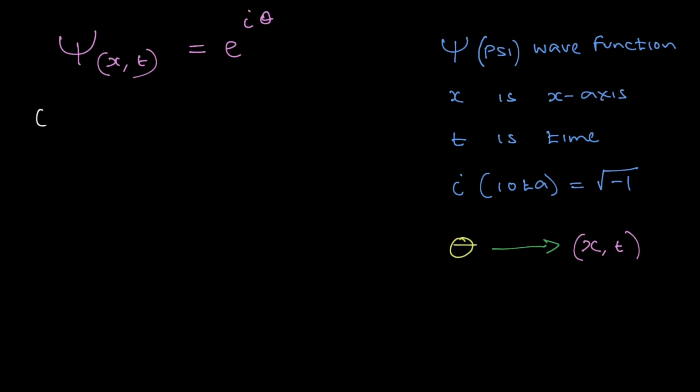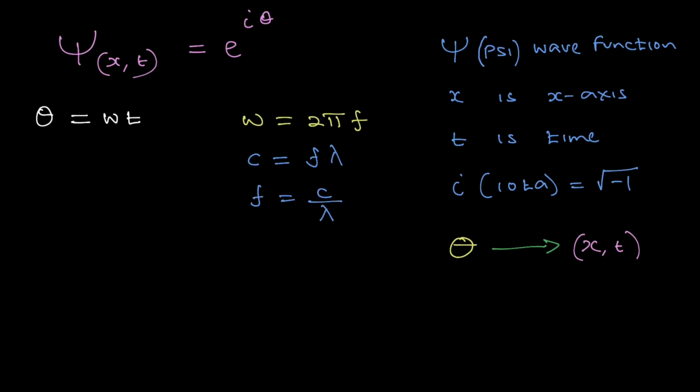We know that angular displacement equals omega t, and omega equals 2 pi f, where f is the frequency. But we also know that c equals f lambda, where lambda is the wavelength. If I make f the subject, I get f equals c over lambda.